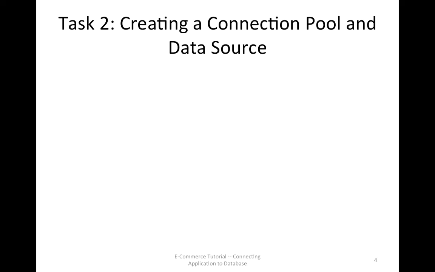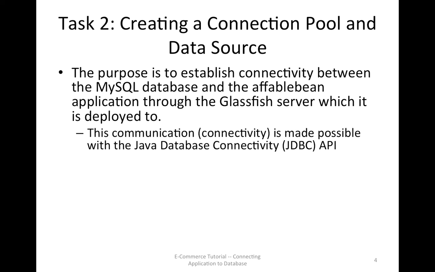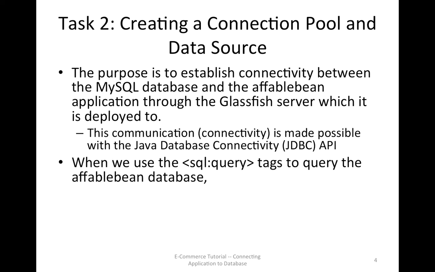Our second task of this unit of tutorial is to create a connection pool and a data source. The purpose is to establish connectivity between the MySQL database and the ForboBean application through the Glassfish server which it is deployed to. This connectivity is made possible with the JDBC API, that is Java Database Connectivity API.